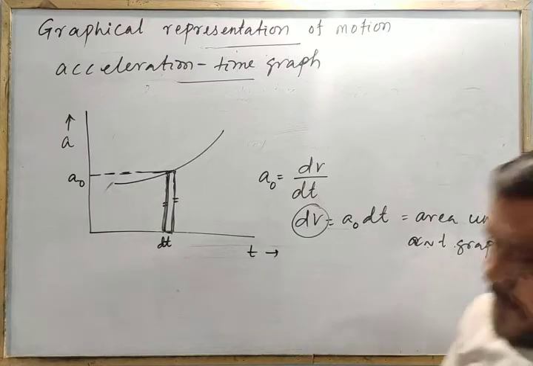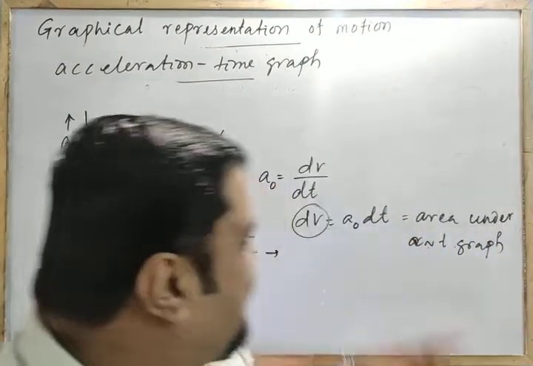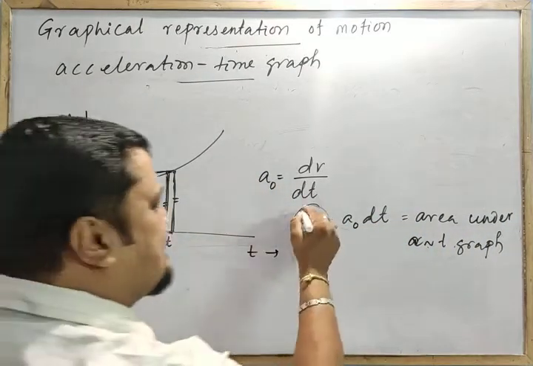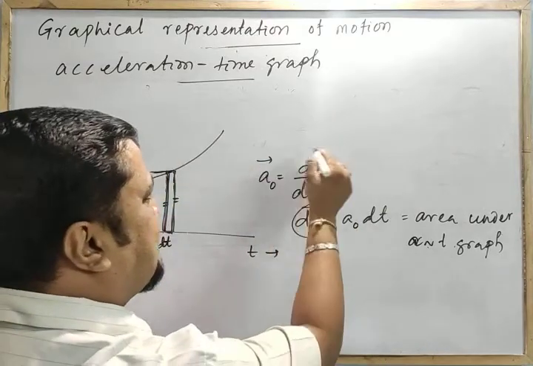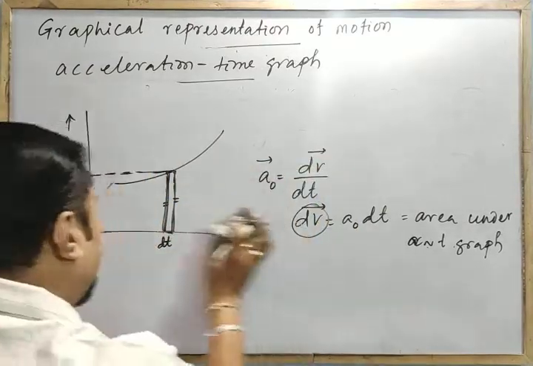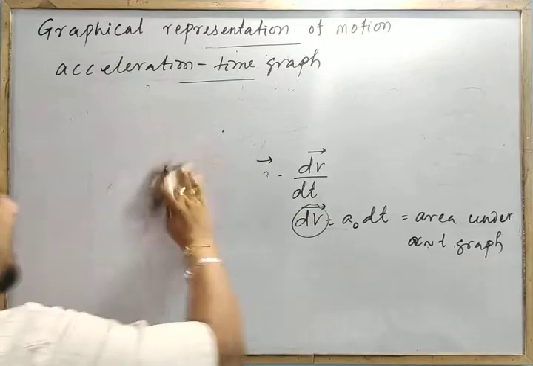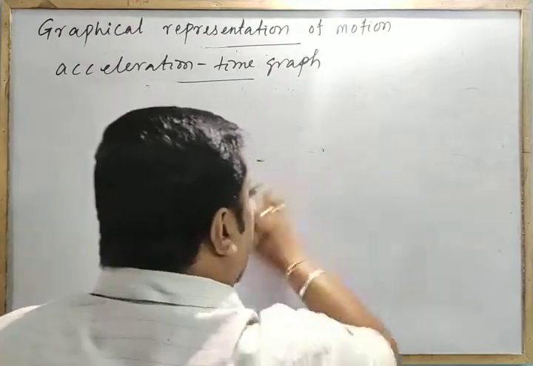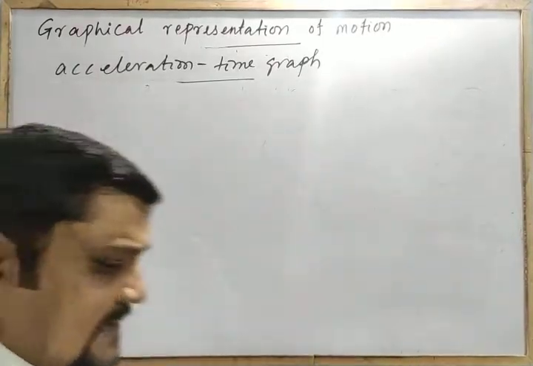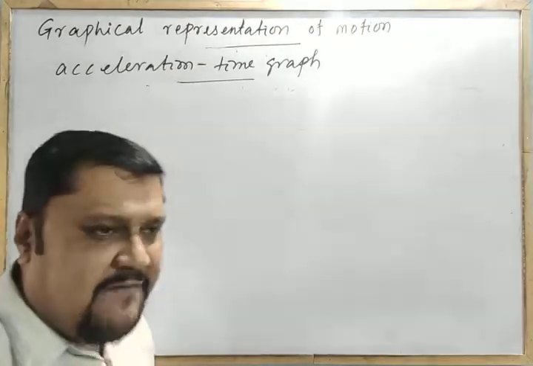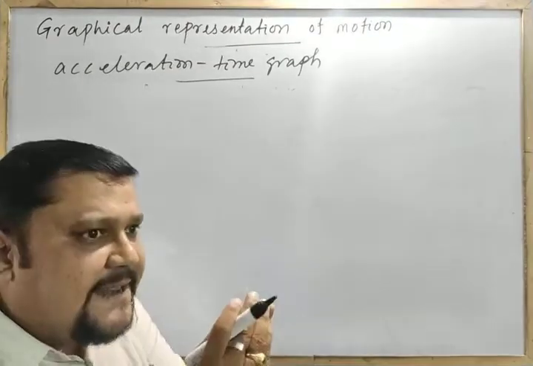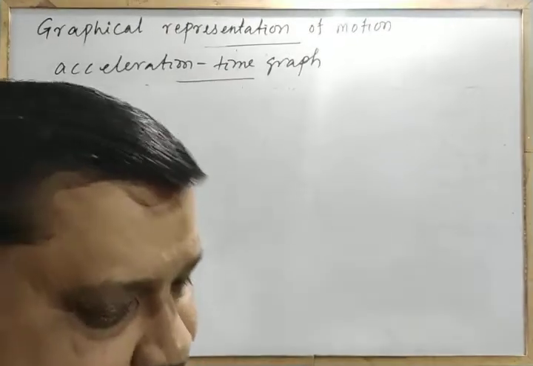Again, it is a vector quantity, obviously this is the vector dv. Suppose I got a graph like this, the area below the acceleration time graph and above the time axis will represent the velocity.